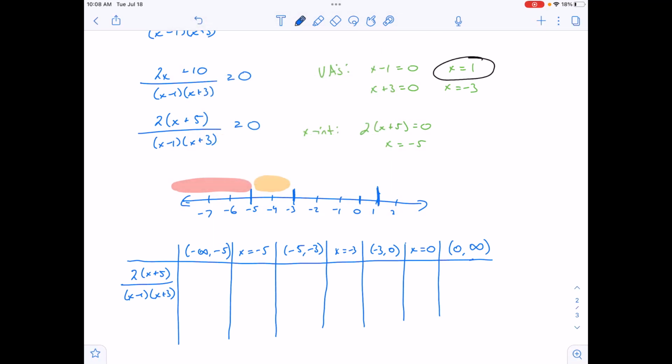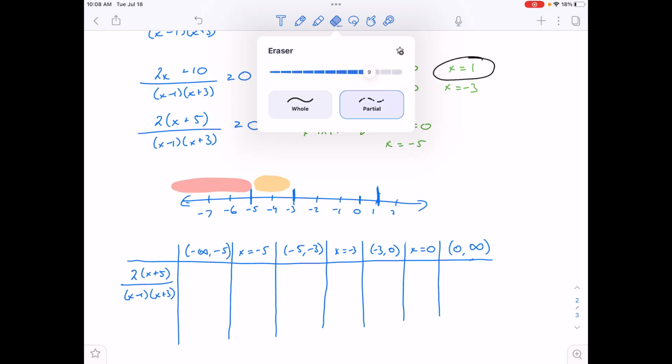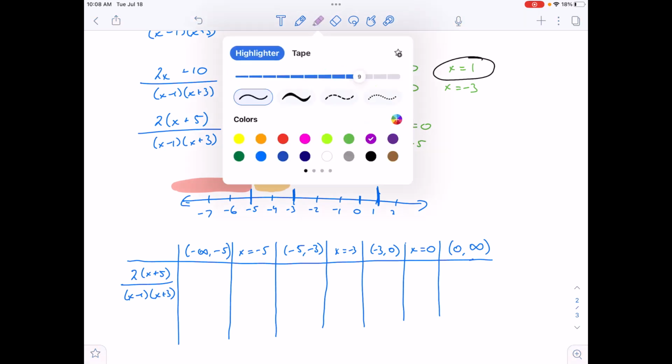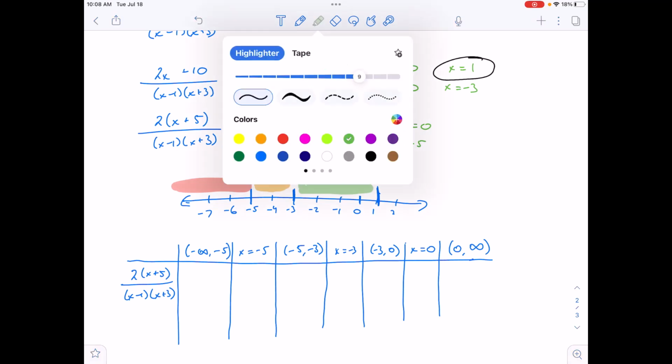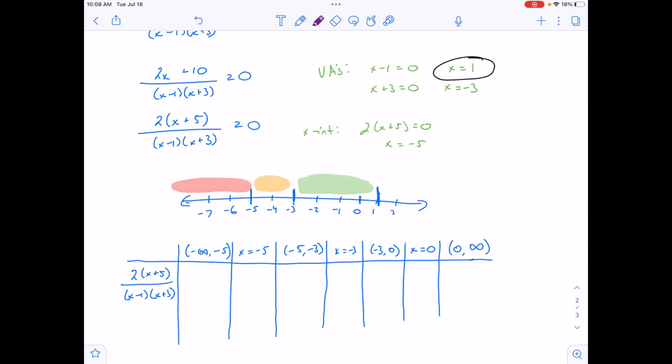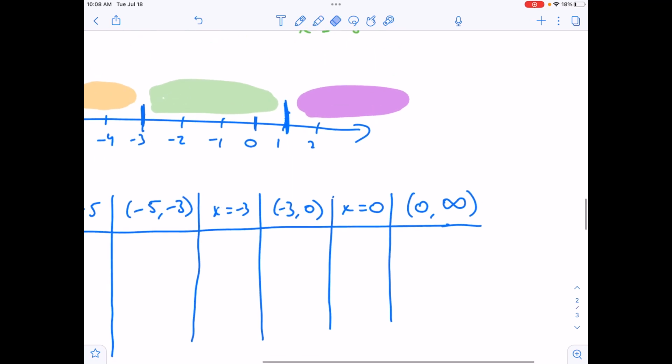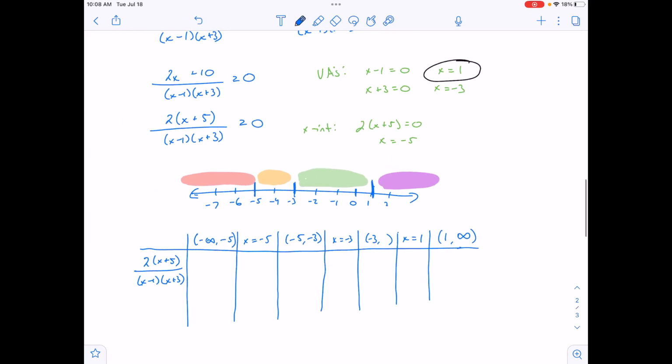The second section will be between negative 3 and positive 1, and then the fourth section will be from 1 onwards. Okay, and so I just have to fix my intervals here. I have at 1, I go from -3 to 1, and then from 1 to positive infinity. There we go.